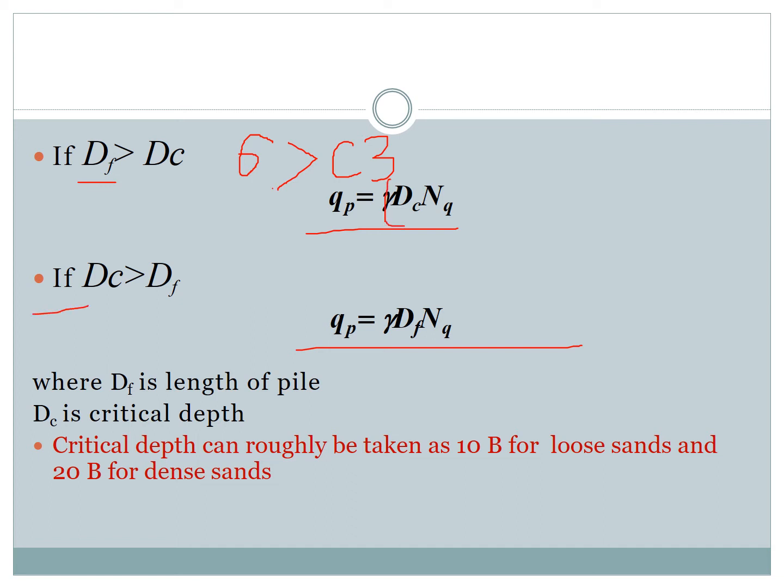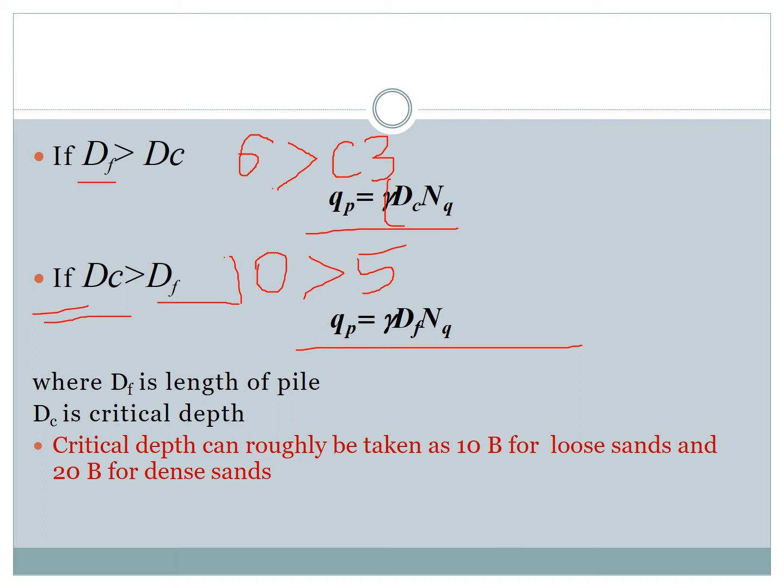In the second condition, if the critical depth is 10 meters and the depth of the foundation is 5, we take the depth of the foundation.